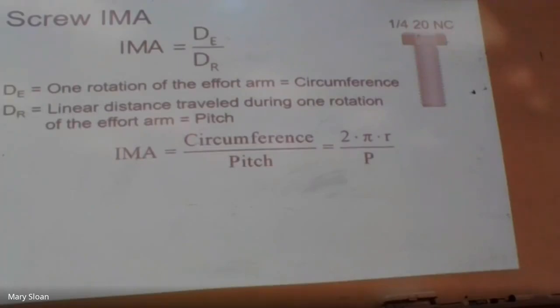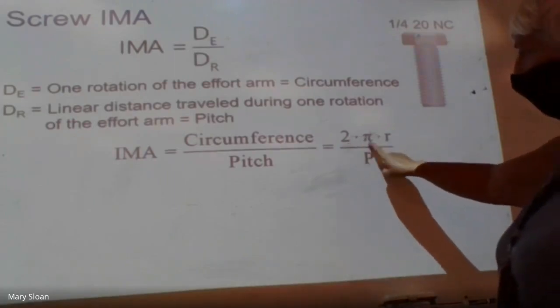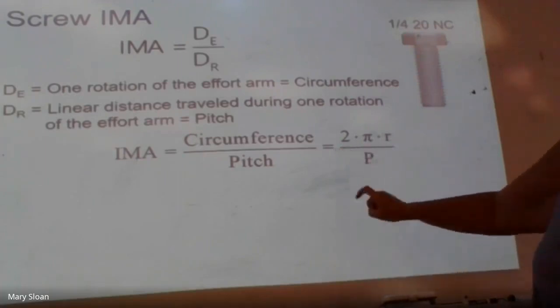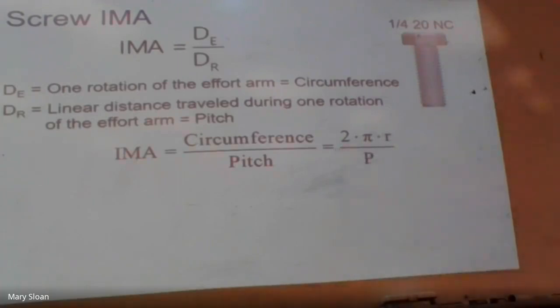Okay, well, we're not gonna go all that far today. We're gonna stop in a few minutes. So your IMA is your circumference divided by your pitch. When you talk about your circumference, that's 2 times pi times your radius, divided by the pitch. So write that down.